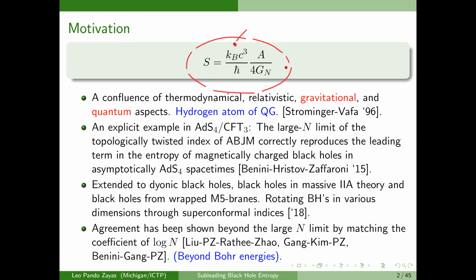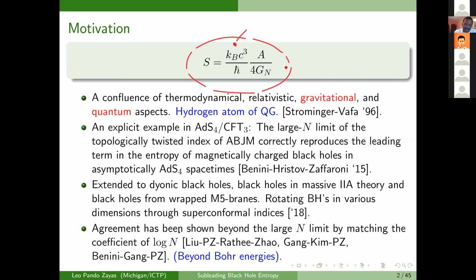So this story, to my knowledge, was initiated by the very interesting work of Benini, Hristov, and Zaffaroni, who showed that the large N limit of the topologically twisted index of ABJM correctly reproduces the leading term in the entropy of magnetically charged black holes in asymptotically AdS4 space. So this is a mouthful. I will unpack all that in the talk, but this is a microscopic derivation of some entropy, and we are interested in understanding a little bit more about that.